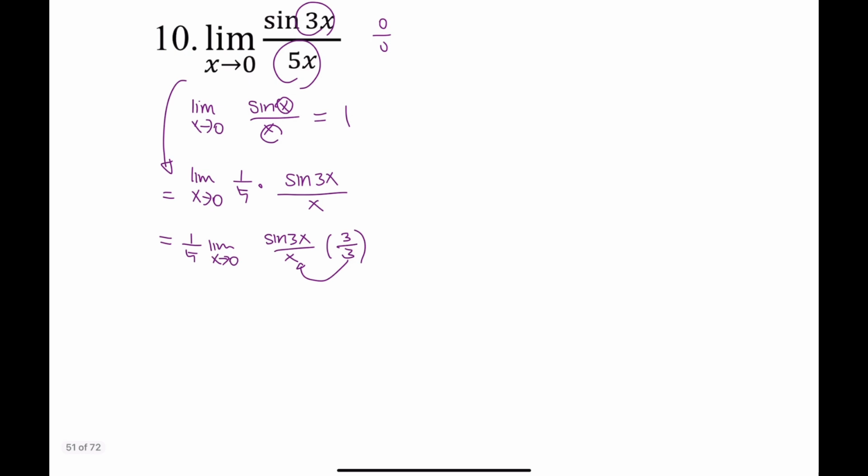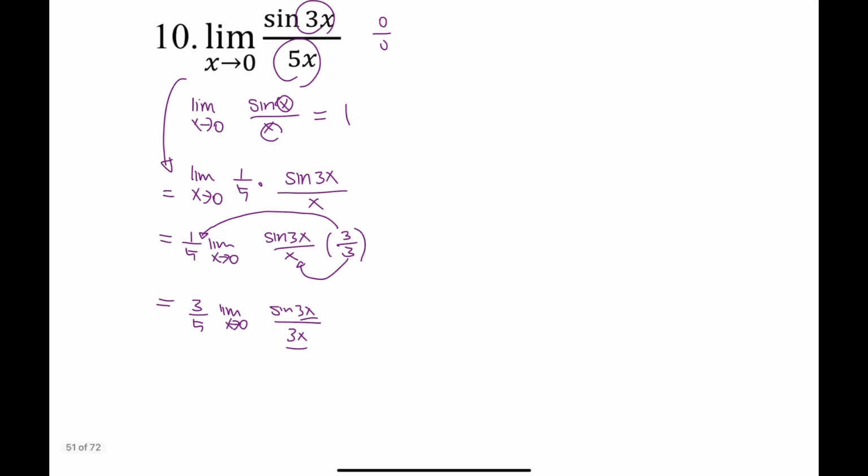So we're going to put this right here outside, so we're going to have 3 over 5 limit as x approaches 0, but we're not going to do 3 over 15, right? We're going to do sine 3x all over 3x to match the numerator and denominator x terms, so that we can use our limit property. And then since this part is equal to 1, 3 over 5 times 1 is going to be 3 over 5, so that would be our limit.